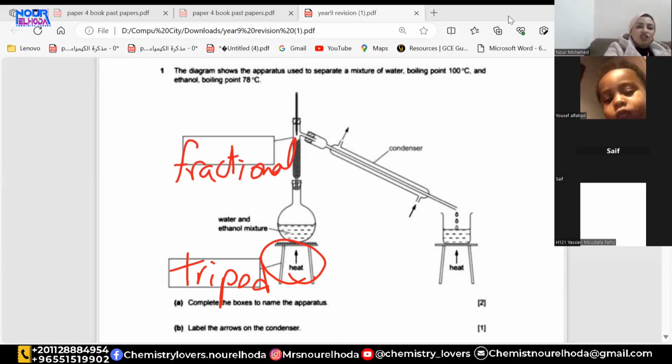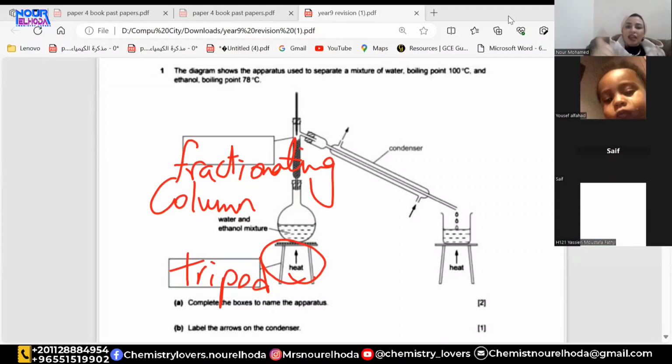Fractionating column. Here he's saying label the arrows on the condenser. I told you in the class, the questions for labeling the condenser are very important. Sometimes he will tell you to draw the arrows, or sometimes he will draw the arrows and tell you to label.